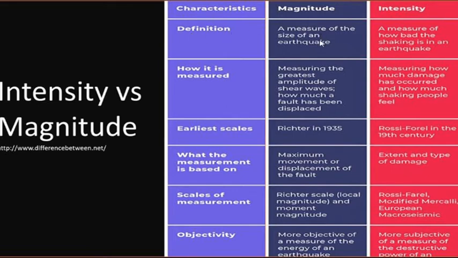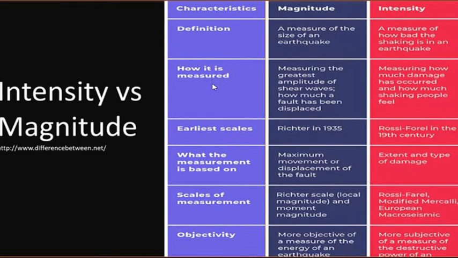The definition of magnitude is a measure of the size of an earthquake, right? And the definition of intensity, this is a measure of how bad the shaking is in an earthquake. Right. So yan po ang pagkakaiba in terms of definition.